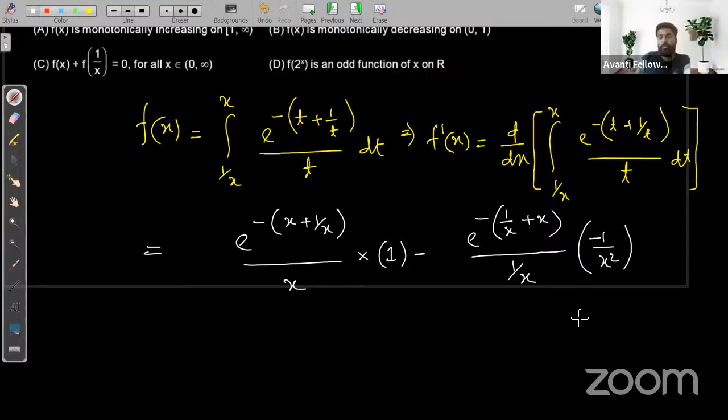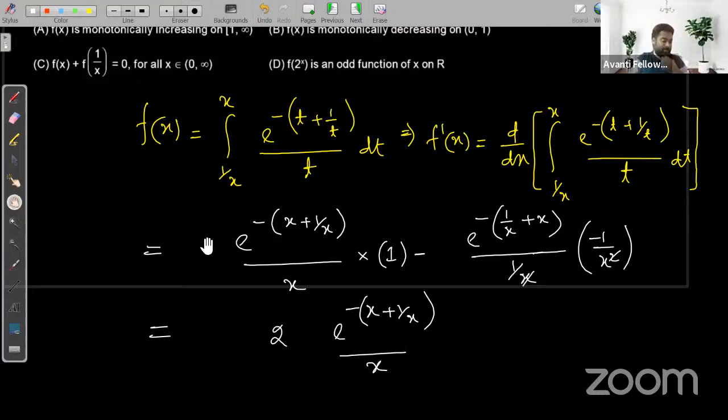Let's see here. The x will be cancelled out, right? So finally we get 2 into e raised to minus of x plus 1 by x, divided by x. Yes or no? Is this what you are getting?